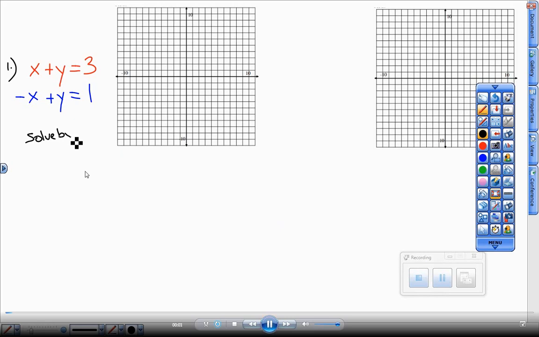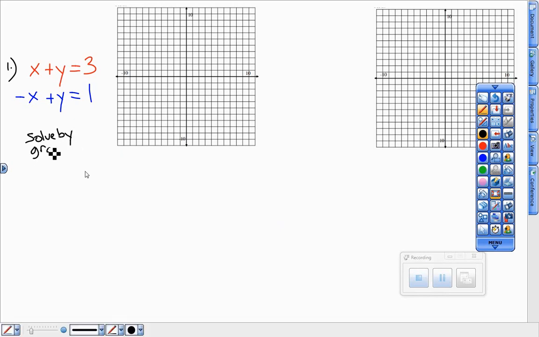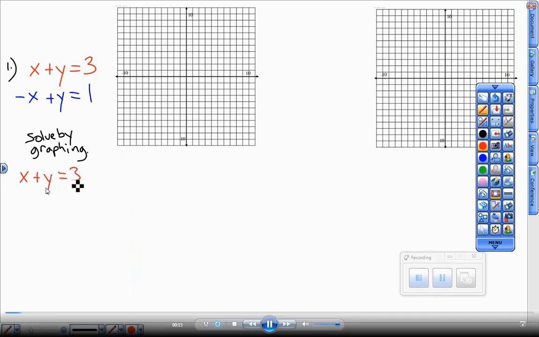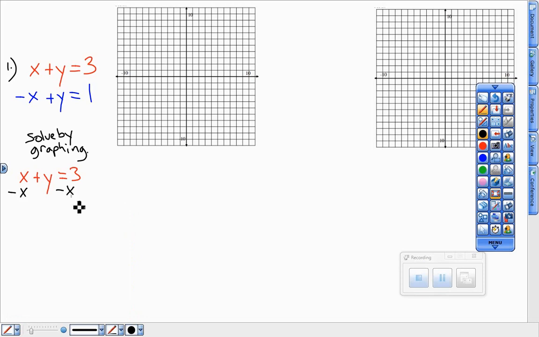This first one again, I need you to be the most solid at solving systems by graphing. That's the #1 way. So again, taking that red line, solving it for y. So real quick, taking away that x gives me the equation y equals -x plus 3.